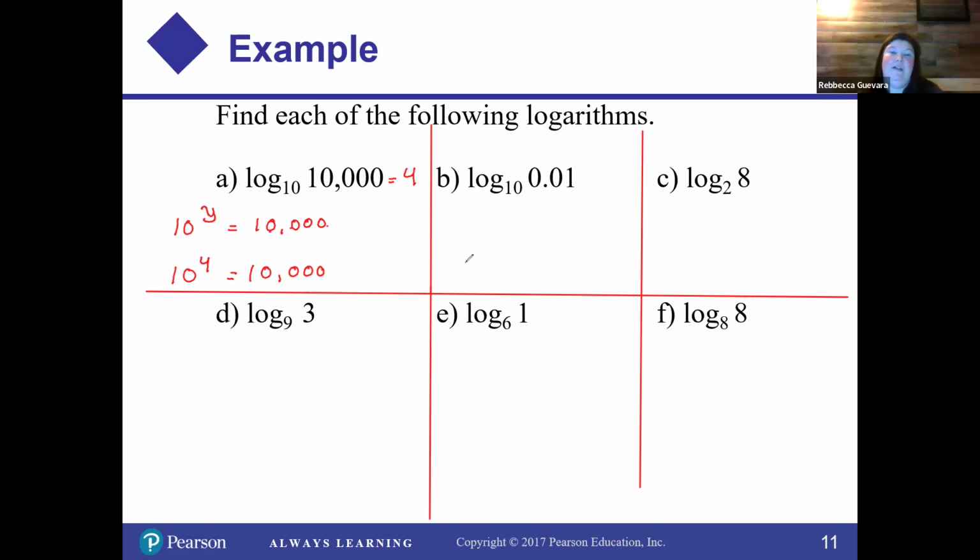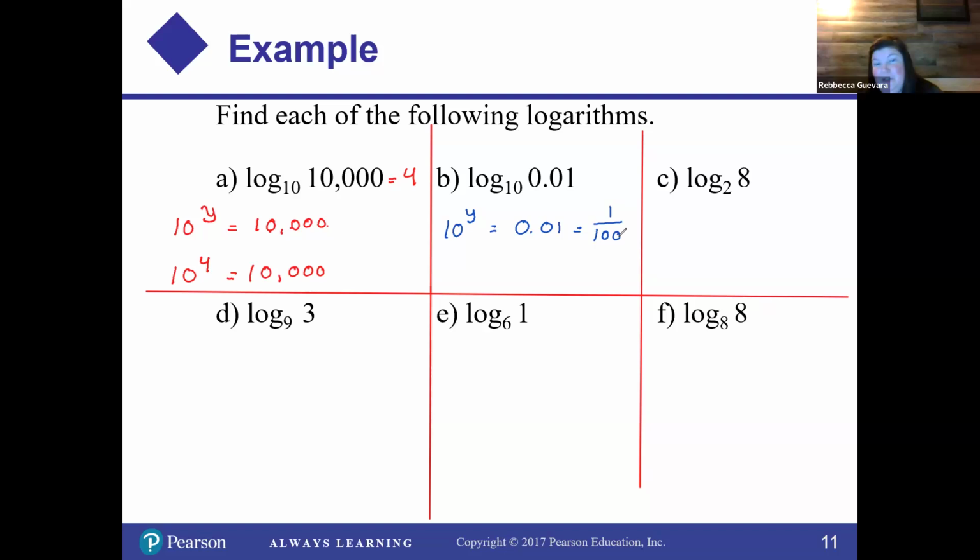Okay. So here I got log base 10. Whatever the power is, it's supposed to give me 0.01, or 1 over 100. So this kind of works the same way. Like I said, I had 4 zeros, so I did a power of 4.